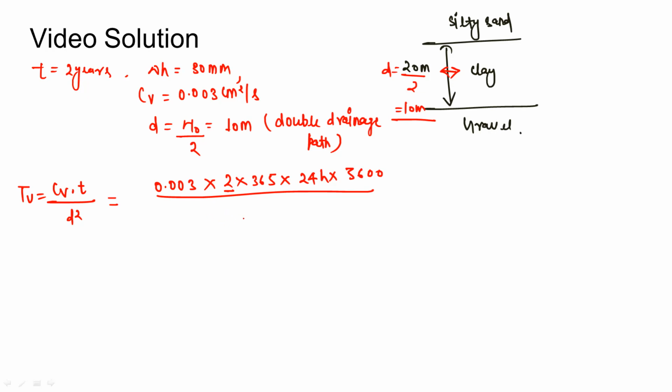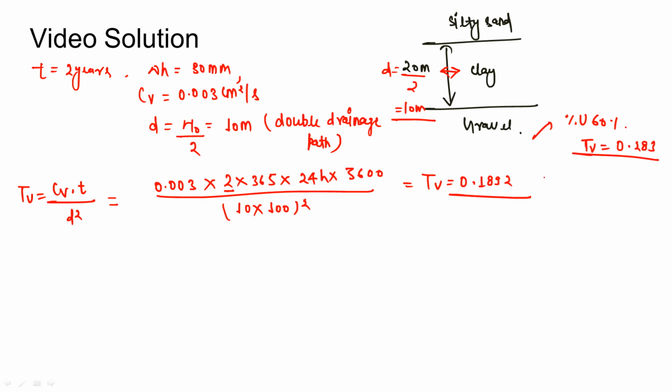Now we divide it by D square, so D is 10 × 100 square. If you calculate it, we will get Tv as 0.1892.